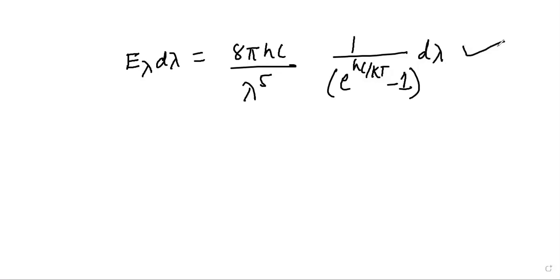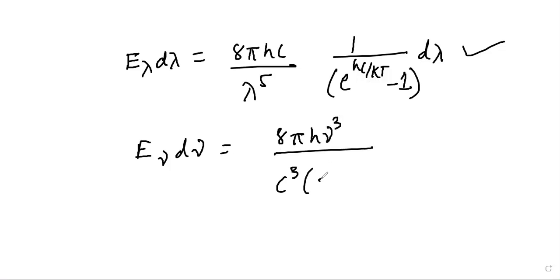So in terms of wavelength you can write this way, and in terms of frequency you can write this way: E nu d nu is equal to 8 pi h nu cube divided by c cube e to the power h nu by kt minus 1 d nu.